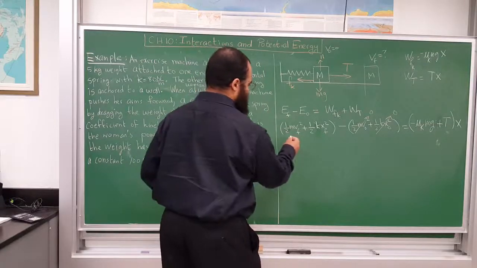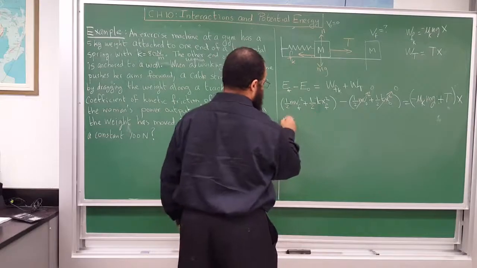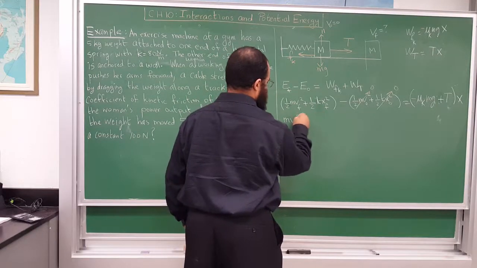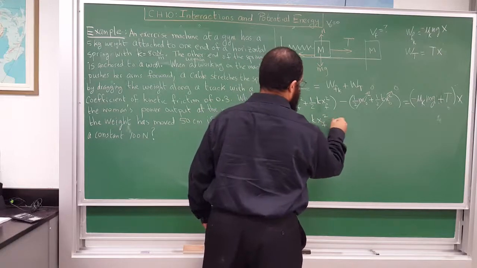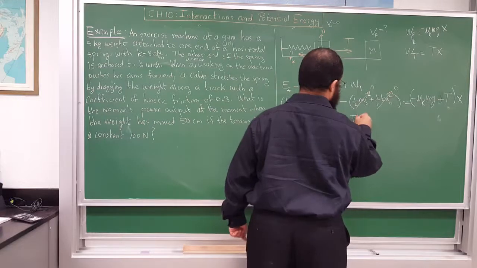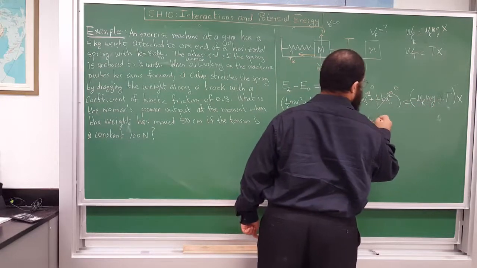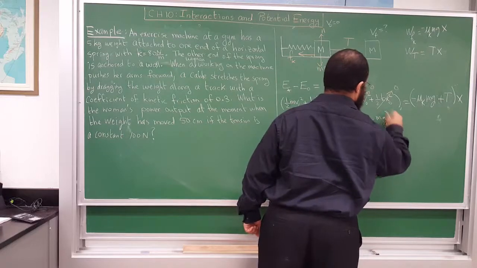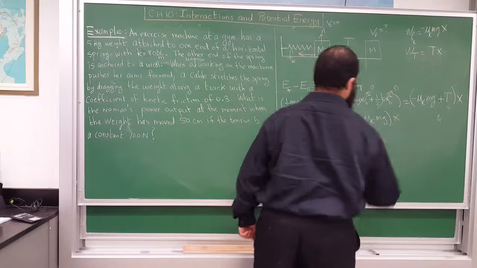So let's multiply both sides by 2, so we'll have mv final squared plus k x final squared equals, this part was 0, T, I'll put the T first and then minus mu k mg, oh I multiplied by 2 so there is a 2 here, and then there is the x.